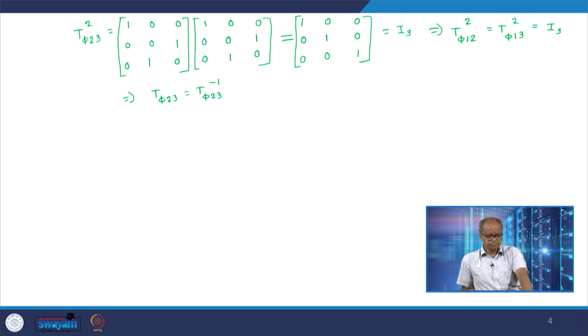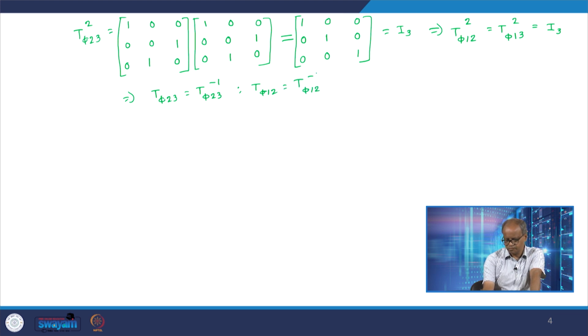This matrix T phi 2 3 is its own inverse. T phi 1 2 is equal to T phi 1 2 inverse, and T phi 1 3 is equal to T phi 1 3 inverse. So, this simple property can easily be written down.